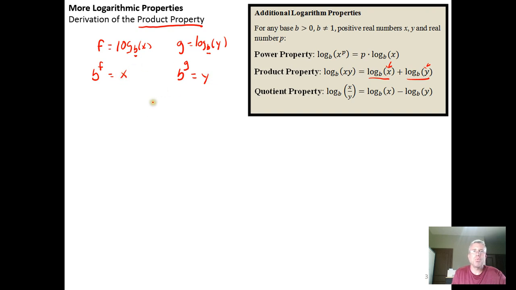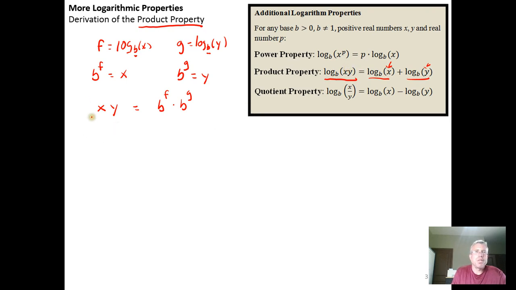So x times y is going to just equal b to the f times b to the g. If I multiply x times y, that's the same as b to the f times b to the g. And I want to know something about log base b of x times y.